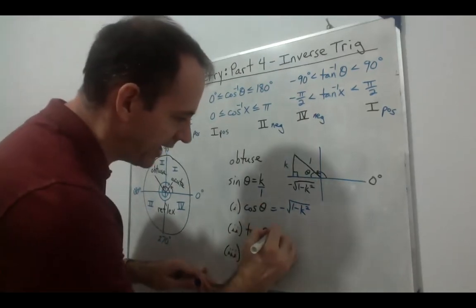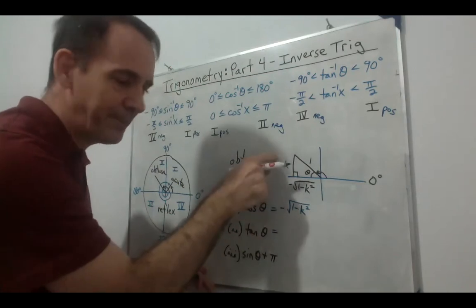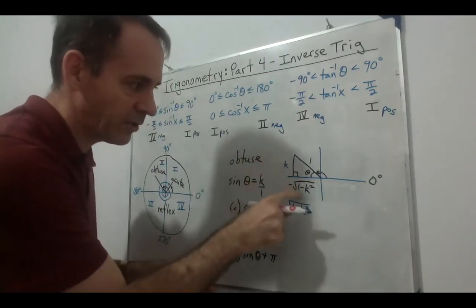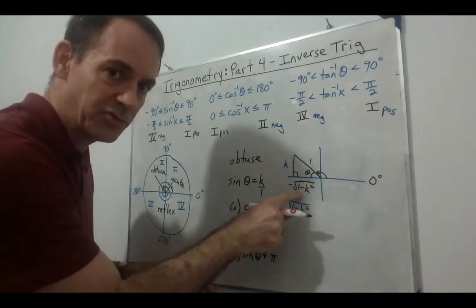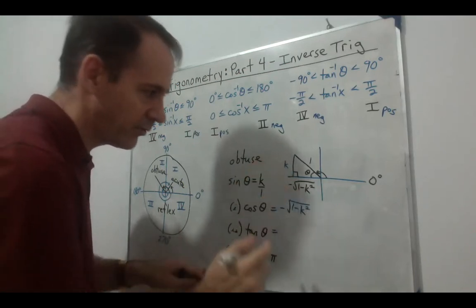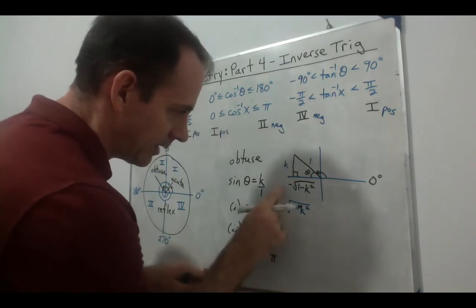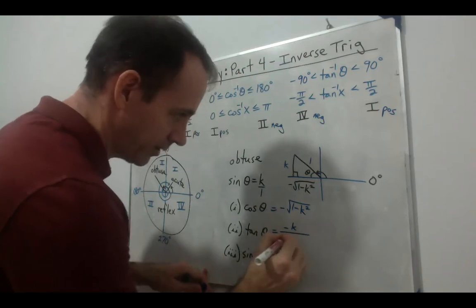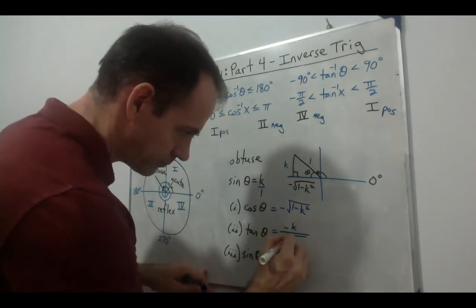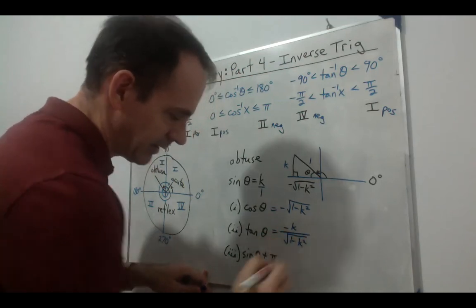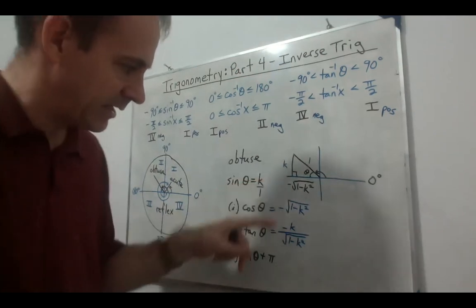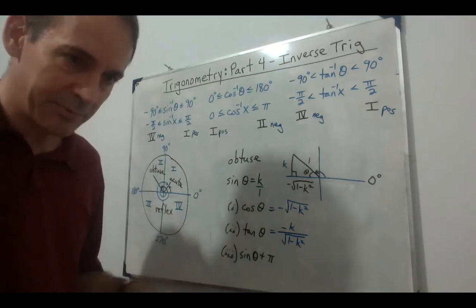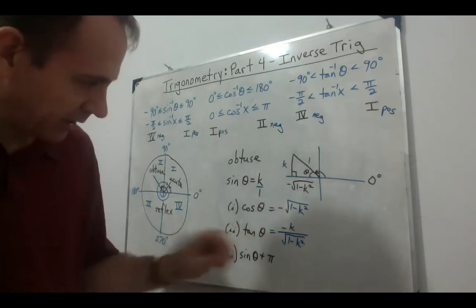And if you want tangent theta, it's opposite over adjacent. Opposite over adjacent from the Sekolah, Toa, tangent opposite over adjacent. So we get, I'll put the negative on top. So a negative k over root 1 minus k squared. So instead of leaving the negative in the denominator, I put it up in the numerator. It doesn't really matter top or bottom as long as it's in one of those places.